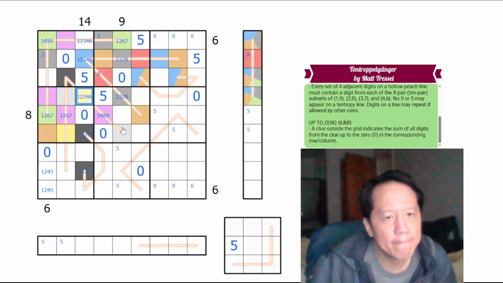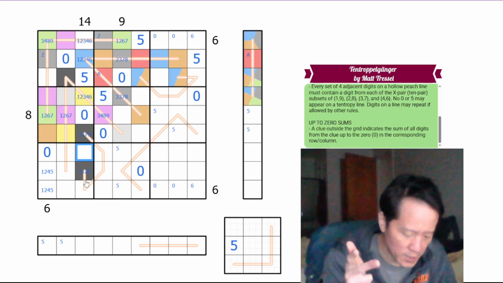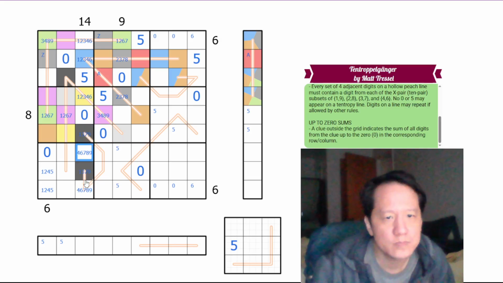So we are guaranteed the remaining digits in column 3 cannot have 1, 2, 3, or 5. So it's 4, 6, 7, 8, 9 here. Okay.